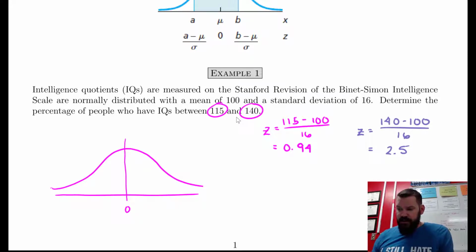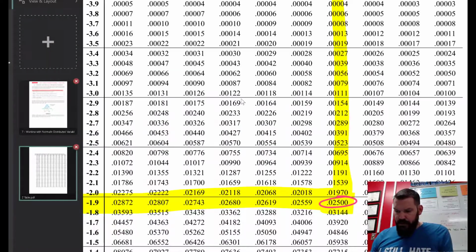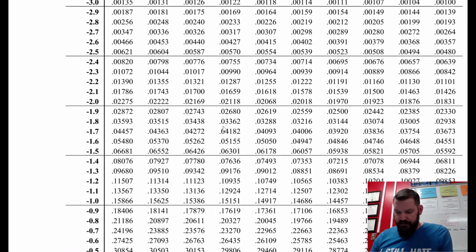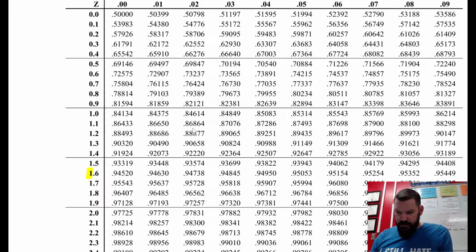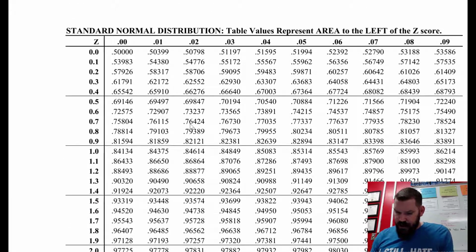So here's where the z-table comes in. So let's first find the probability for z being 0.94. With the standard table, we are going to look at the positive values on this one. So we're looking at 0.94. So right here I have 0.9, and here is 0.94.